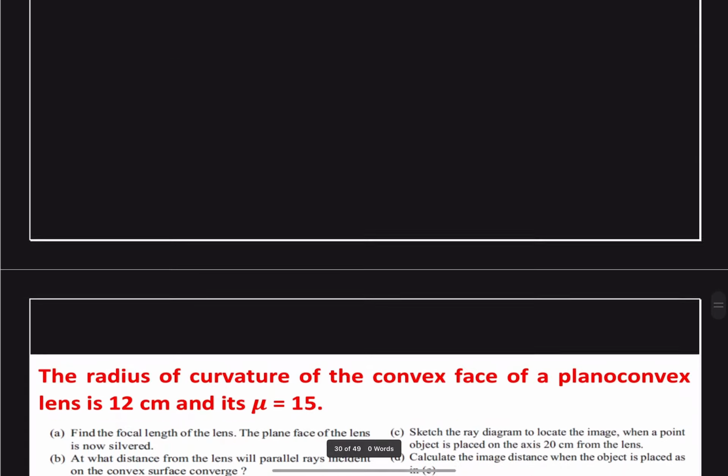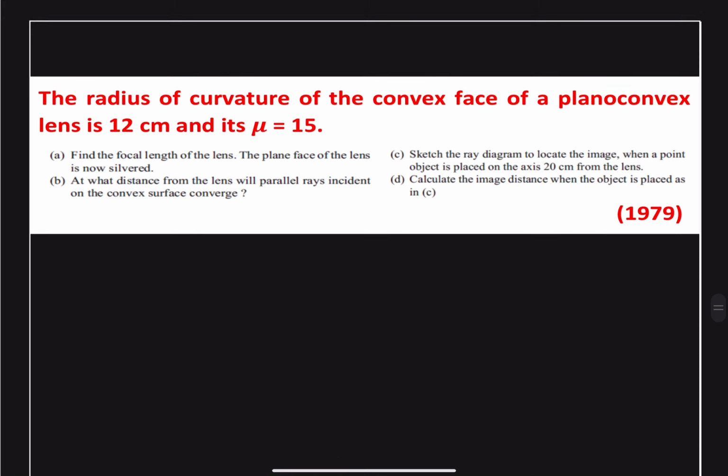So we come to the next question, which was asked in the year 1979. It states that the radius of curvature of the convex face of a plano-convex lens is 12 centimeter and its mu is 1.5.